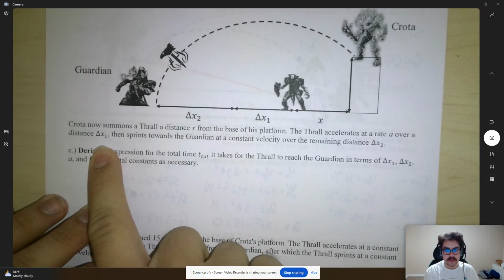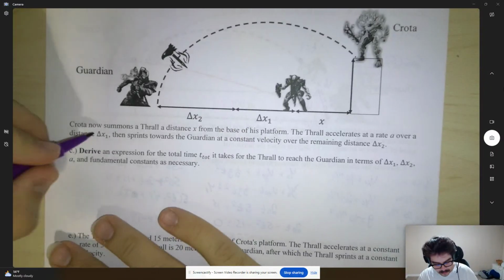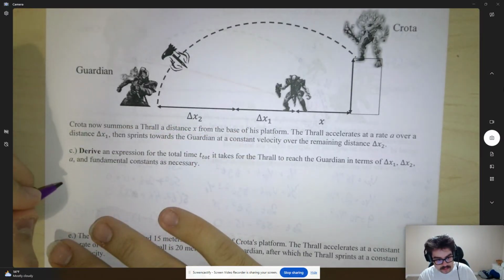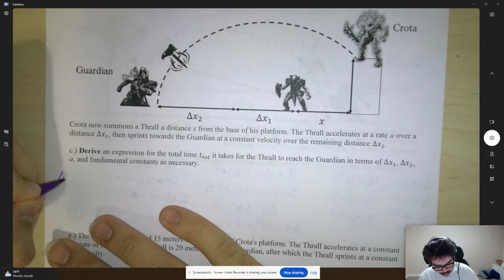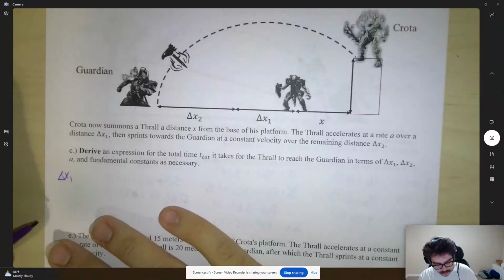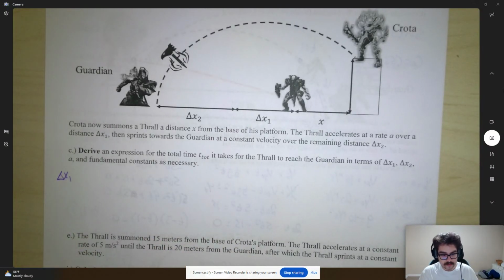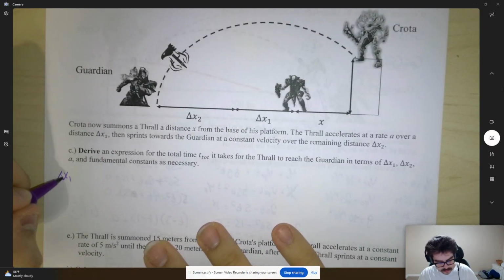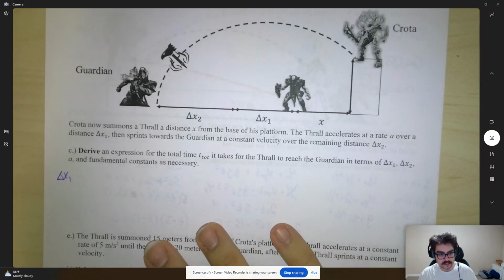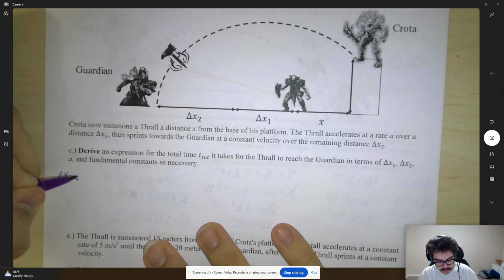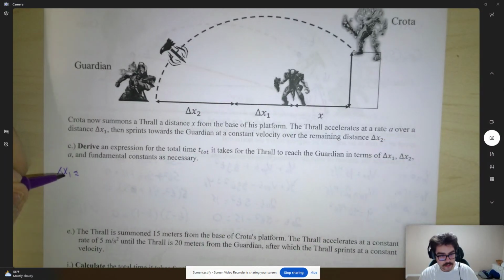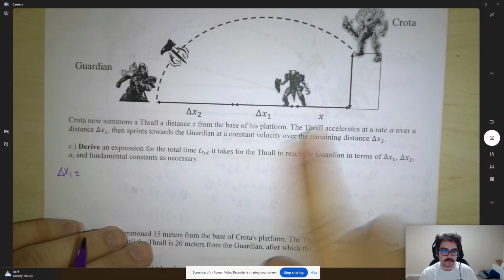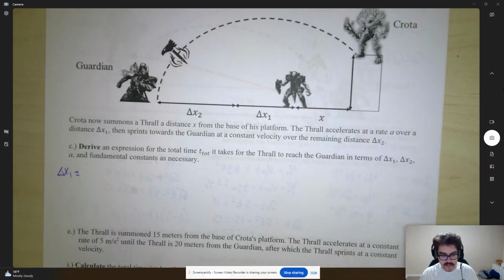So he travels the distance delta x1, and he does this with no initial velocity. So x naught is going to be 0. I guess you could put x if you wanted to, but the problem doesn't want us to use x, so we're just going to say it's 0.